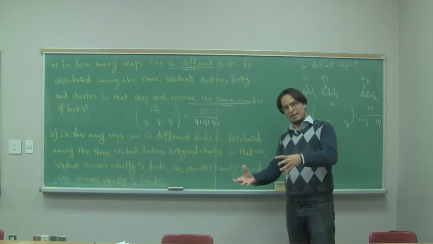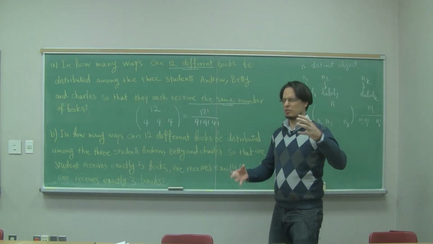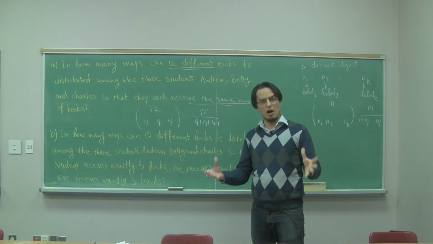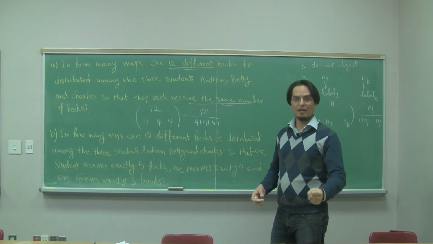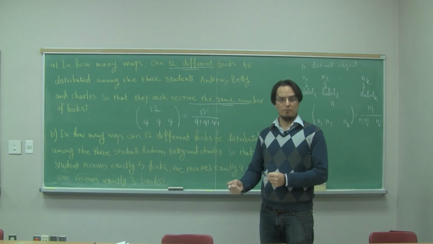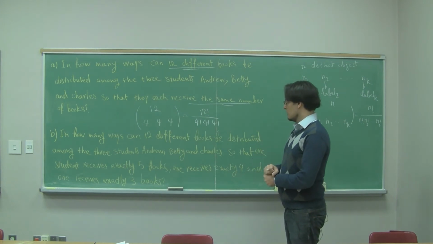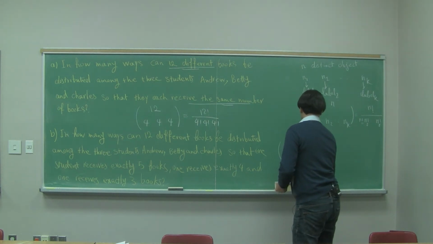We have 3 labels, we have 12 distinct objects, and we want to label 5 of them by Andrew, 4 of them by Charles, and 3 of them by Betty. And then the number would be 12 factorial over 5 factorial, 4 factorial, 3 factorial.